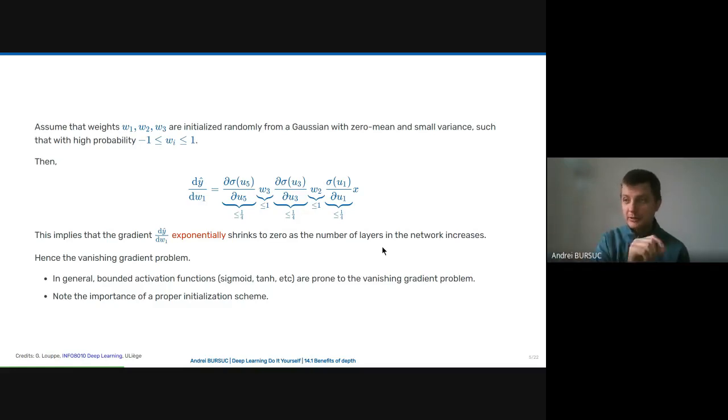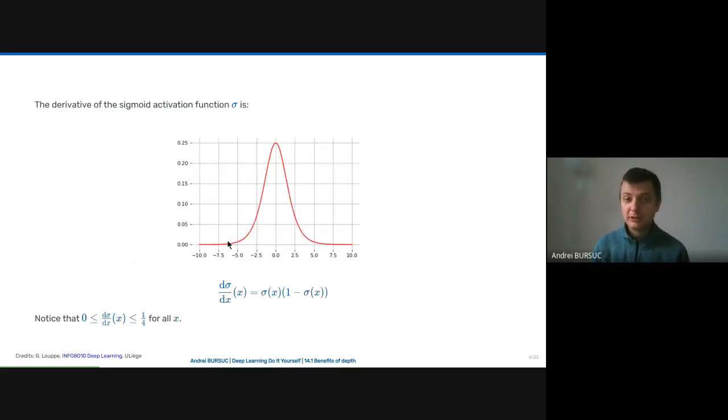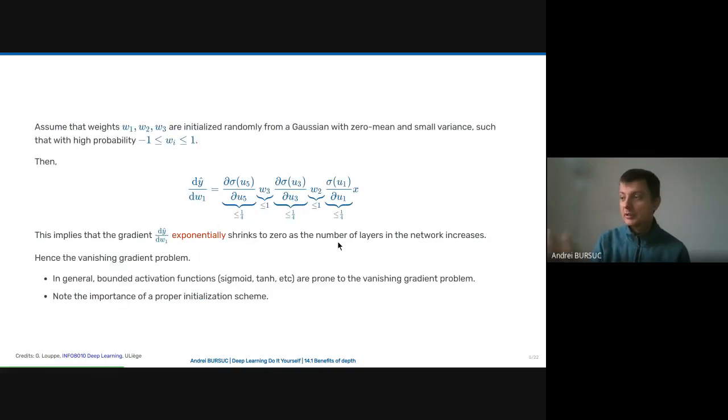As I said, it's quite important where we are in the sigmoid, because at the peak we have 0.25, but imagine that our weights will be somewhere in here. If they had not been centered around 0, then the problem would have been even more pathological, even worse, because the derivative here would have been even smaller than that.